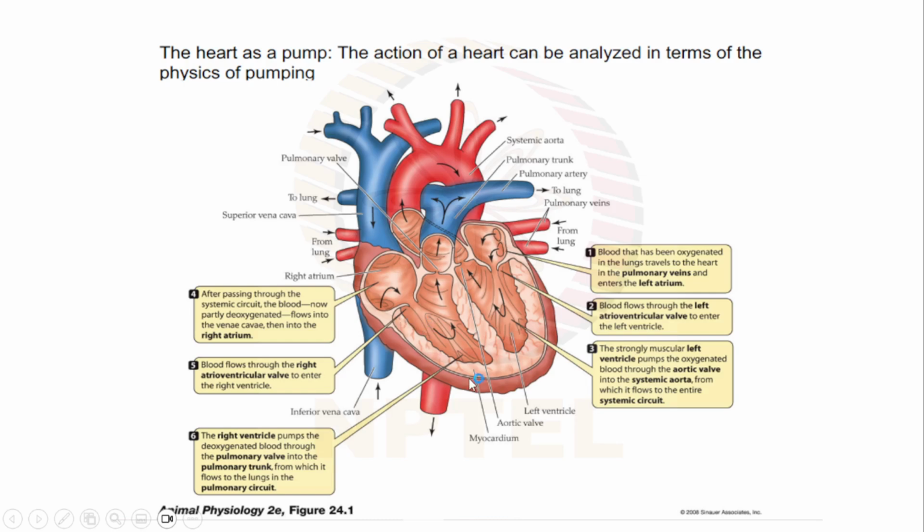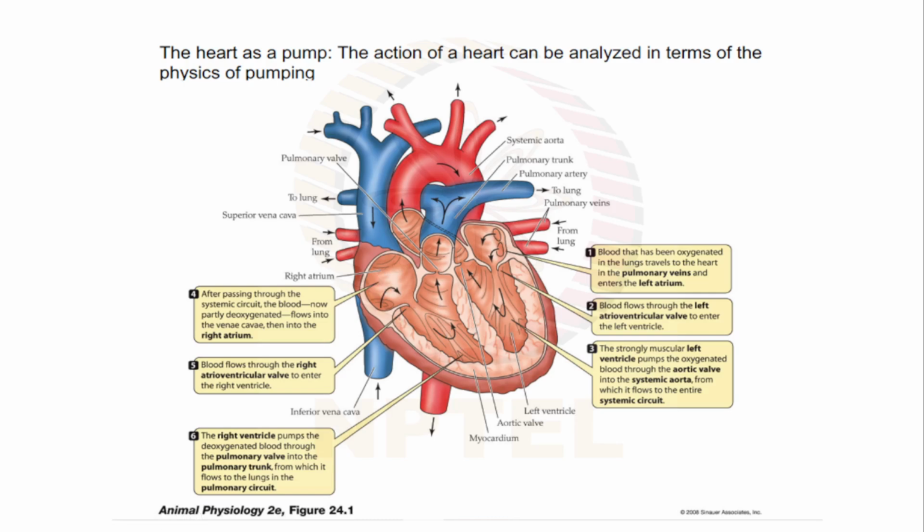Then the right auricle has a tricuspid valve at its junction with the right ventricle, which will help this blood flow from the right auricle to the right ventricle.